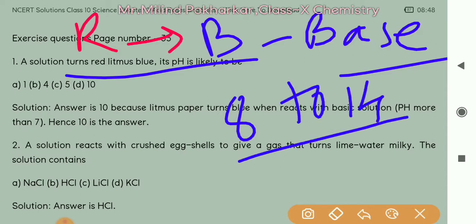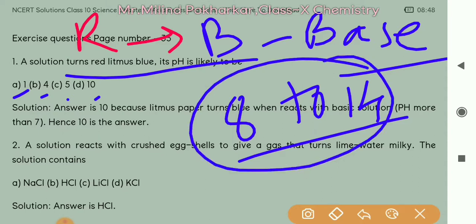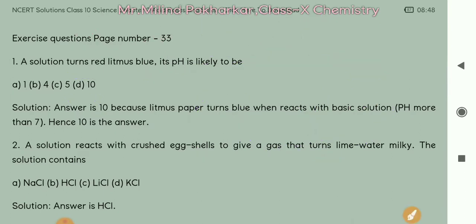So the options are 1, 4, 5 and 10. The correct option is 10 because the basic pH is from 8 to 14. So that's the correct answer.